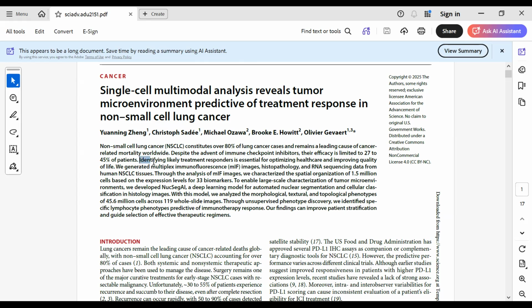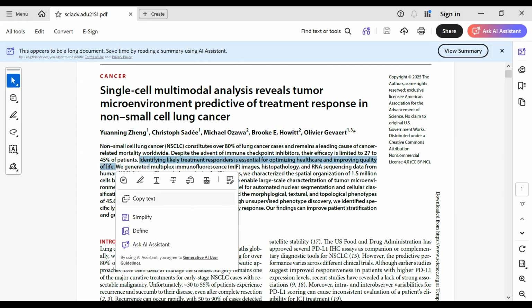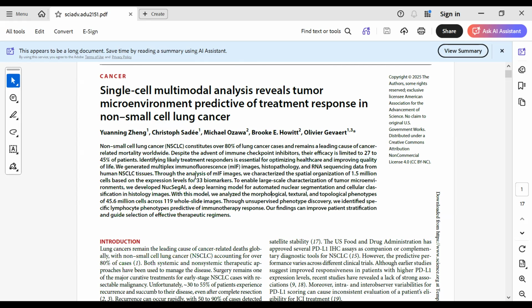And therefore, identifying likely treatment responders is essential for optimizing healthcare and improving quality of life. So basically, it is quite important to identify the treatment responders.